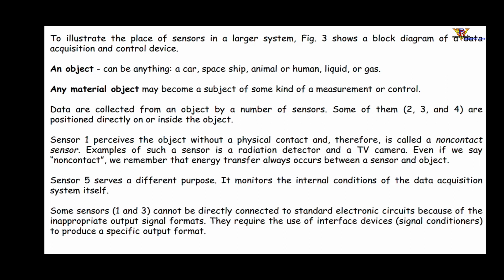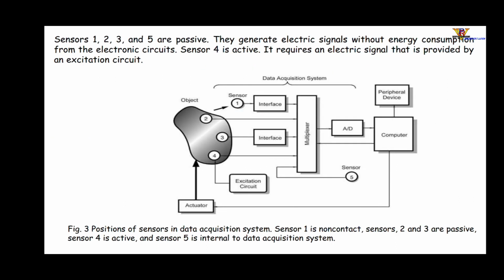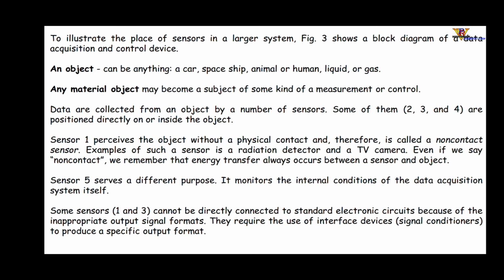Sensor 1 perceives the object without a physical contact, and therefore it is called a non-contact sensor. As you can see in the left hand side upper part, sensor 1, which is joined to the multiplexer through some interface circuit, is a non-contact sensor. Why is it non-contact? Because it does not require any contact with the material object. Examples of such a sensor are a radiation detector and a TV camera that can detect radiation from the object.